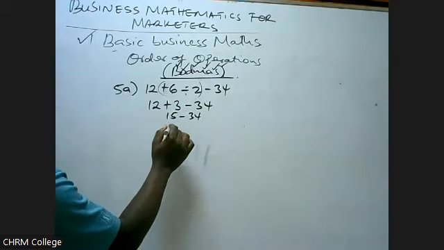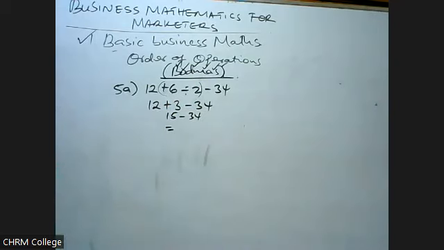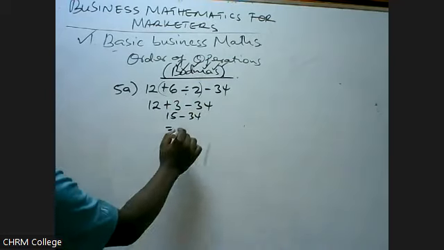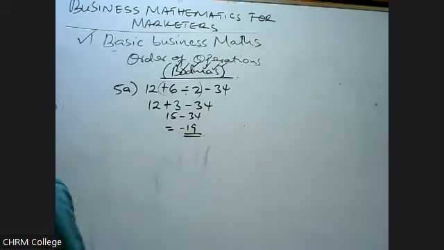Then you can do the last bit. 15 minus 34, your answer will be negative 19. And this is the correct answer.